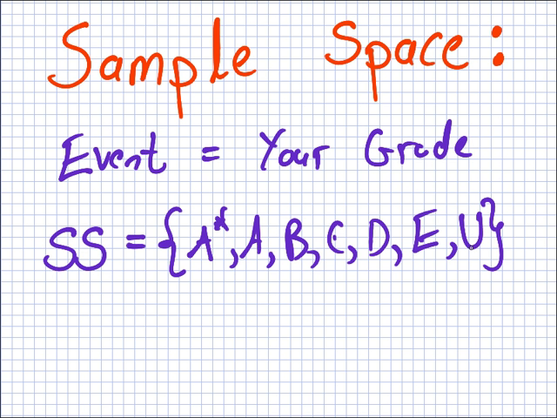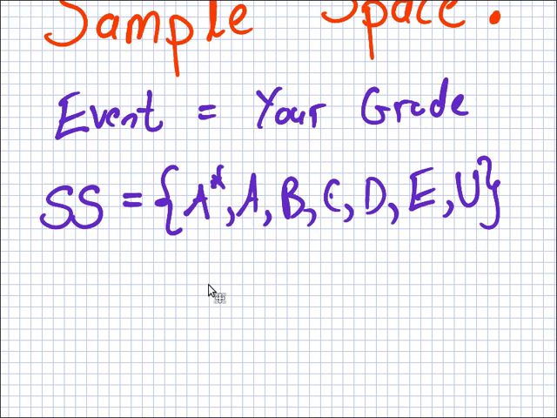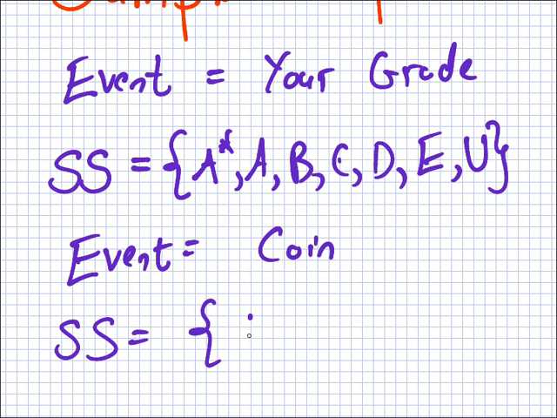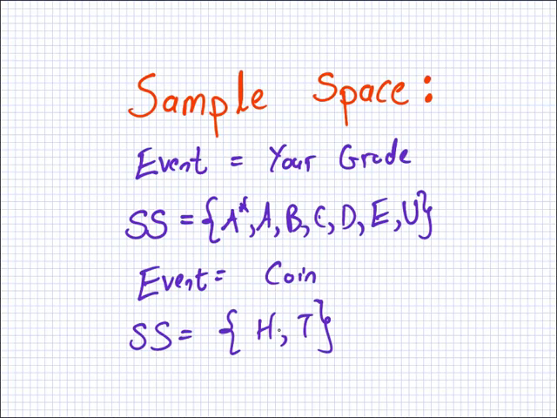Now, this particular example is a little bit complicated because it's not like each grade is equally likely. So a simpler example might be the event, you flip a coin. That's a little bit more straightforward. The sample space here would be heads or tails, which is 50-50, which is just 2. Okay?